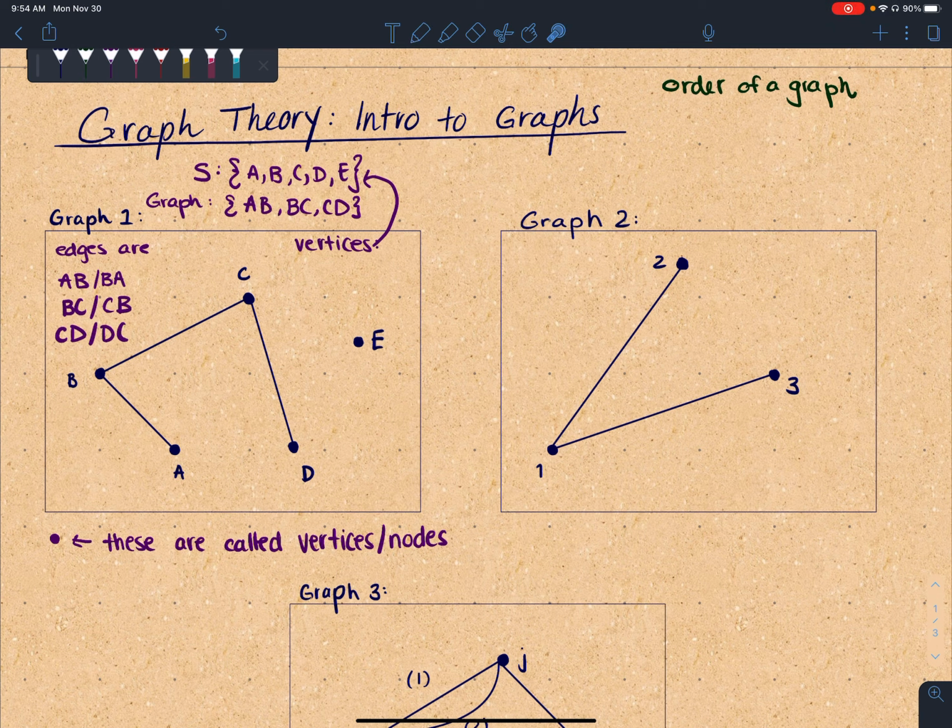So for graph 2, your order would be 3 because you have 1, 2, 3. So order of a graph is the number of vertices. So we can put a little note. This is order 3. Graph 1 would be order 1, 2, 3, 4, 5.